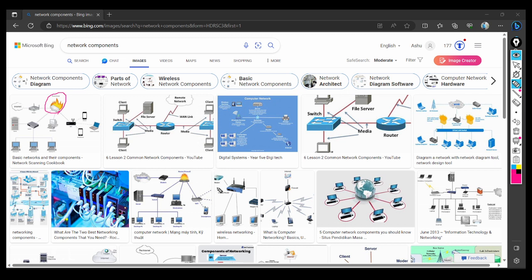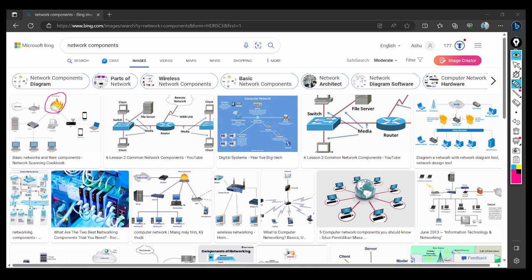Because without ABCD we are not able to define the letter, without letters we cannot define a word, and without words we cannot define a sentence. So network components are just like a letter, a set of alphabets. This provides the platform to understand the networking architecture.